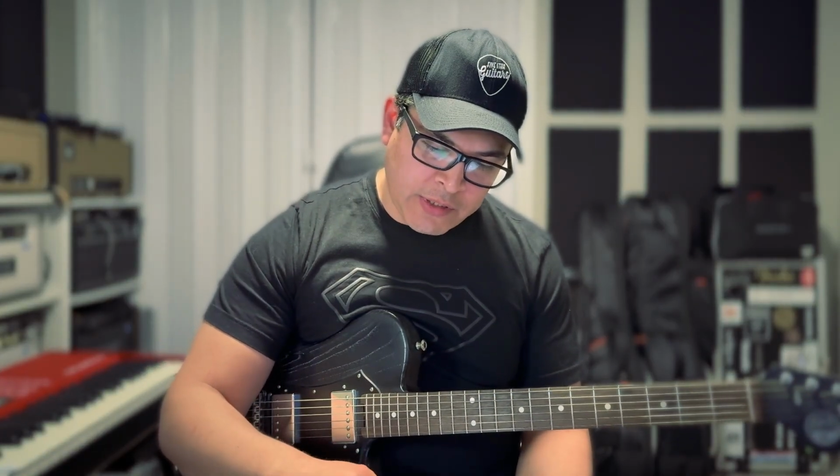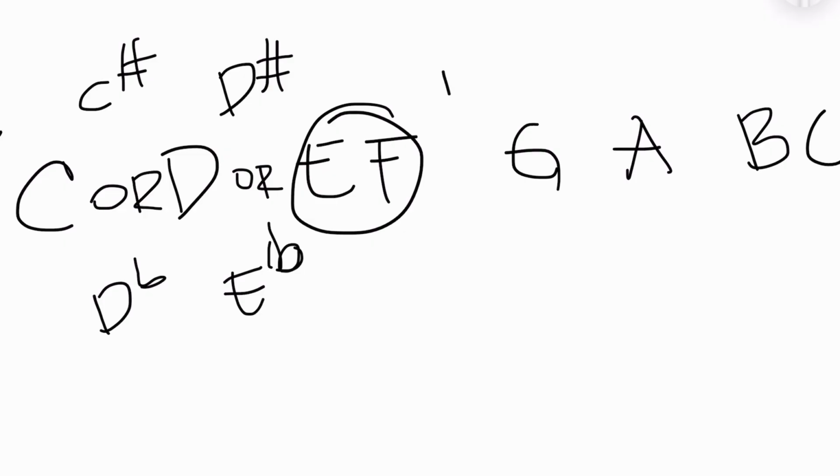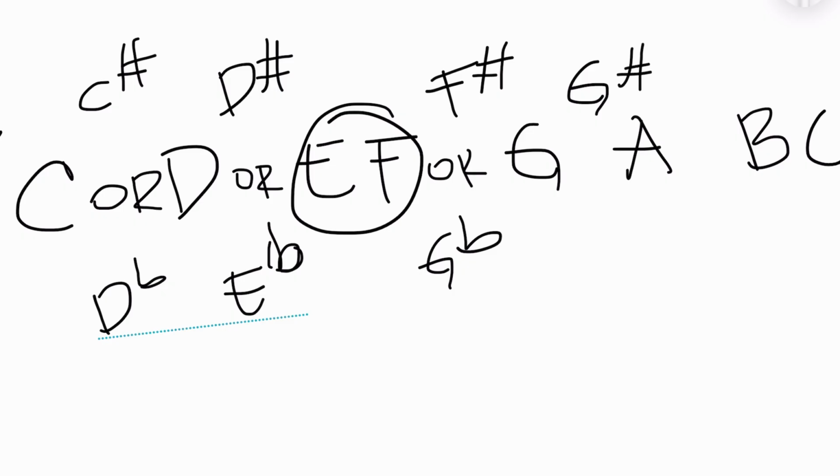So between F and G, we have a sharp and flat. F is going up and G is going down. So F sharp or G flat, and the same thing between G and A, G going up, or A flat.